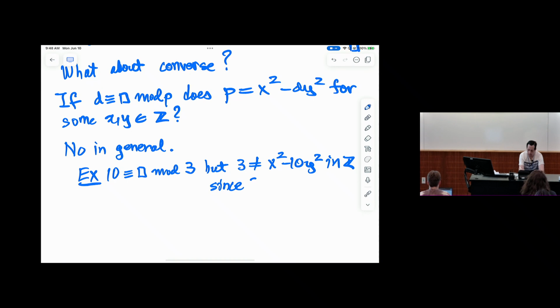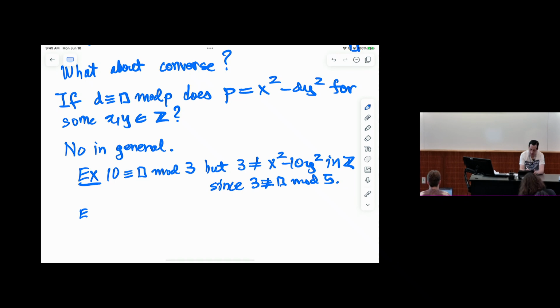Since if it were true, if you reduce both sides mod 5, 3 would be x squared mod 5, but 3 is not a square mod 5.